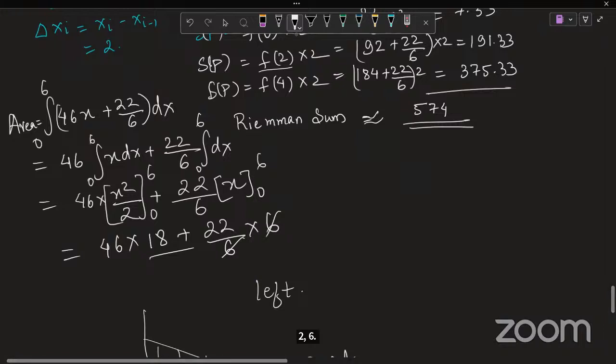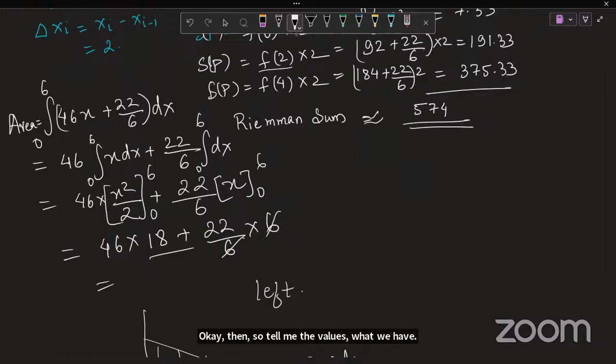Okay, done. So tell me the values. What we get is 18 into 46, since 6 whole square is 36.